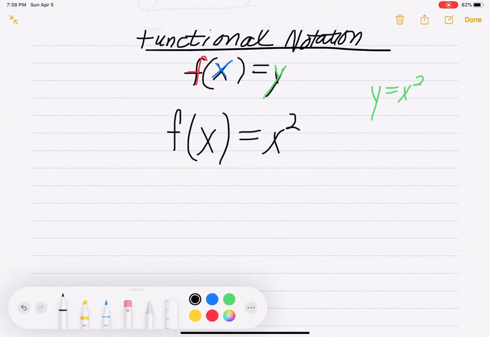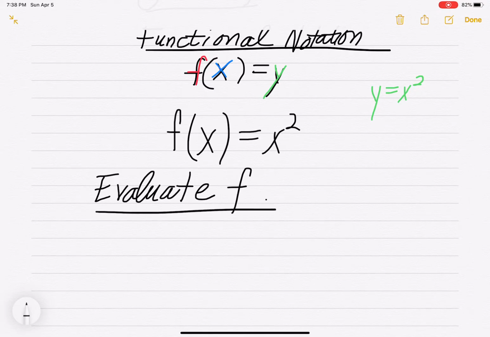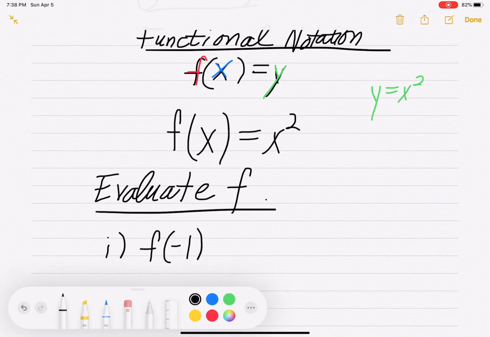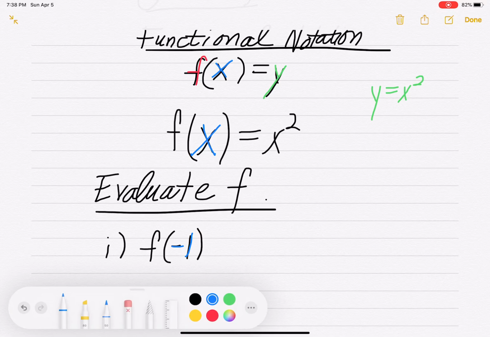So if I wanted to evaluate f, let's say I wanted to find f of -1. What I do is take -1 as the input for x. So I'm going to plug that in.